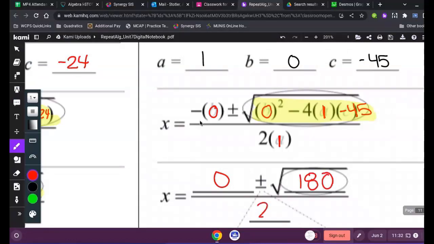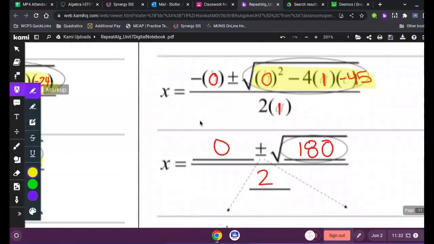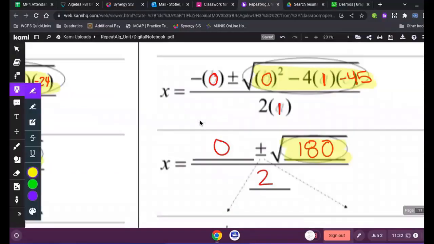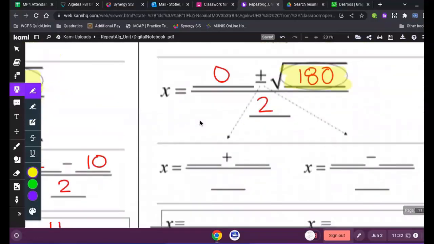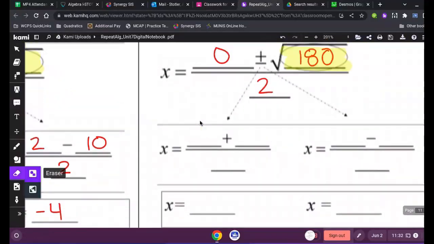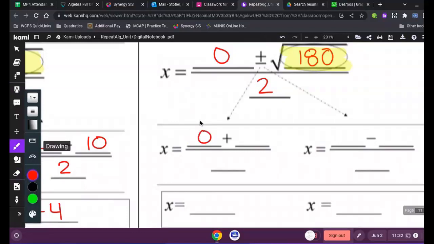2 times 1 is 2 on the bottom. Then I need to do the square root of 180, which is 13.4. So this one we get a decimal. So we have 0 plus 13.4 divided by 2. And we have 0 minus 13.4 divided by 2.